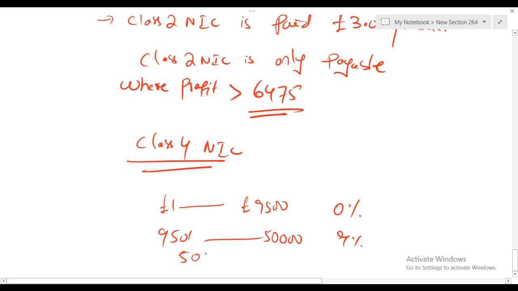And if you go above 50,000, obviously there is no limit, the rate is 2%. Now the question is, on which amount are these rates applicable?